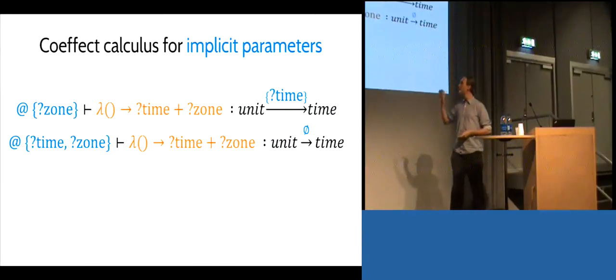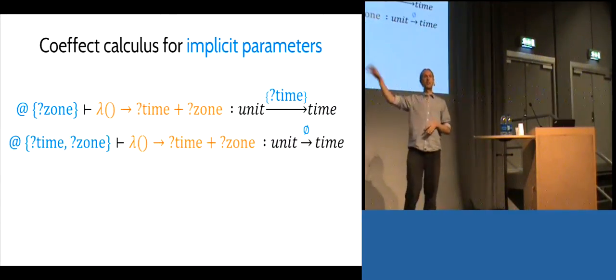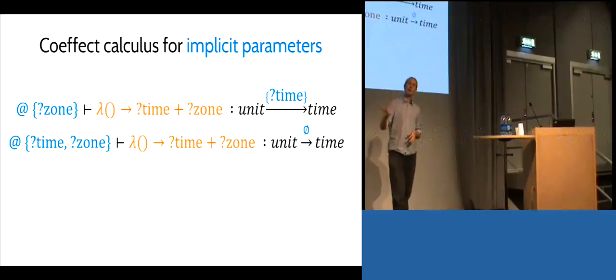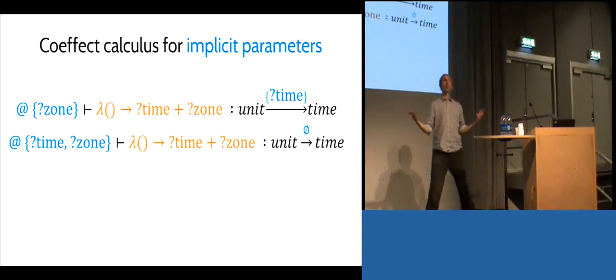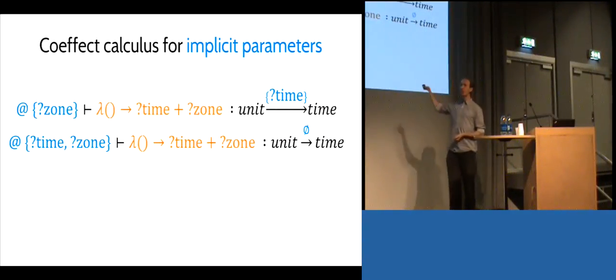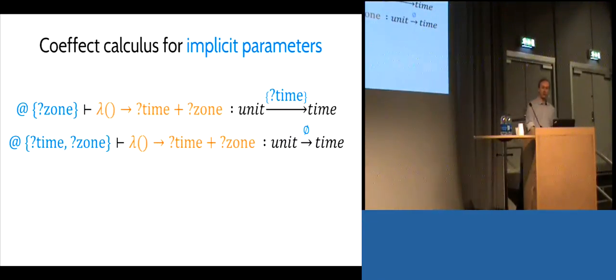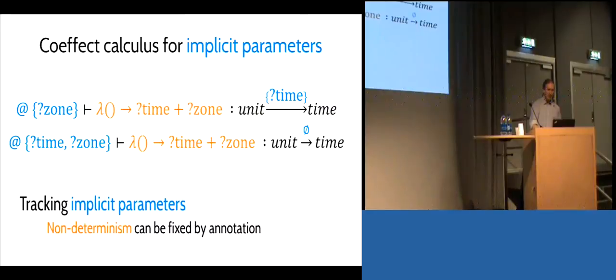So I could also say, when I'm declaring the function, I'll capture the current time and the current time zone, both of the resources, and I'll create a function that doesn't require anything and will access the values from the declaration side.